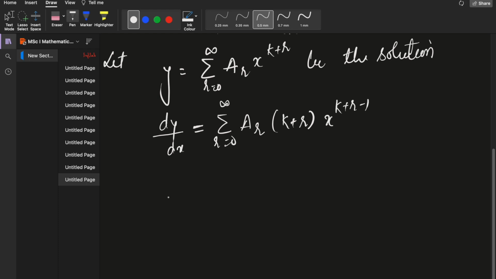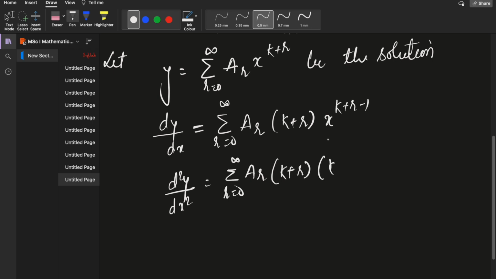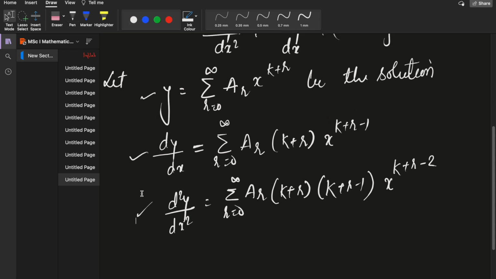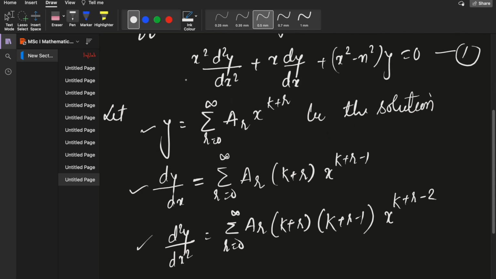For the double derivative of y, d square y upon dx square is the summation r tends to 0 to infinity of ar (k plus r)(k plus r minus 1) x to the power k plus r minus 2. So we have the values of y, dy by dx and d2y by dx square, and we need to substitute these in equation 1.